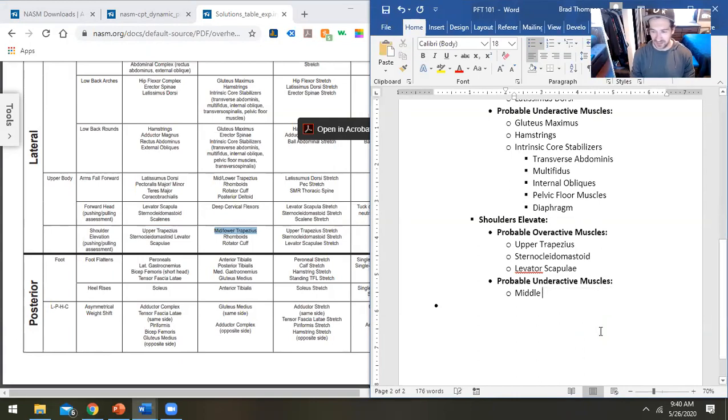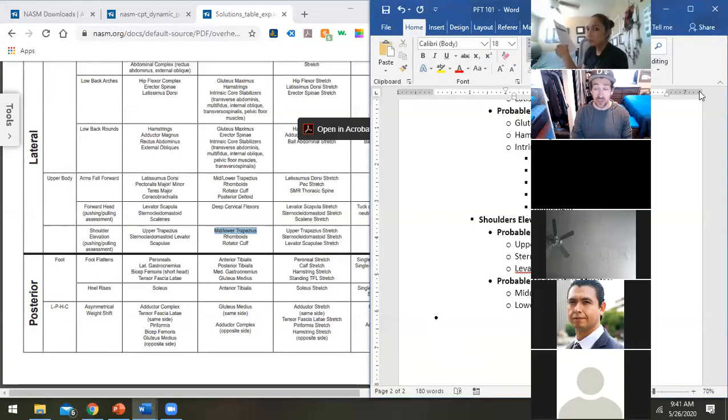I know it's got it listed like this, but particularly your low traps here are really one of our most underactive. Your low traps, which are pulling you into scapular depression, are in particular not getting a lot of work.